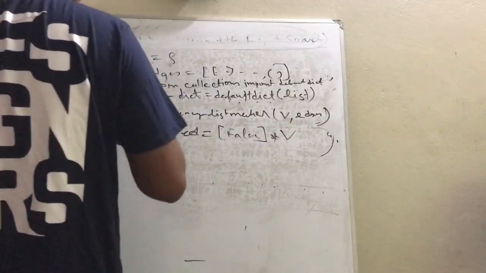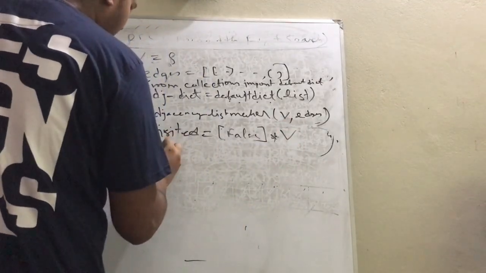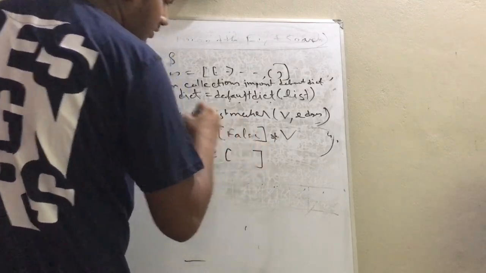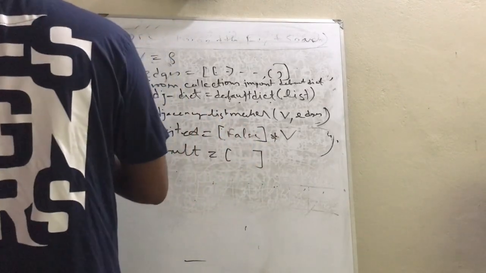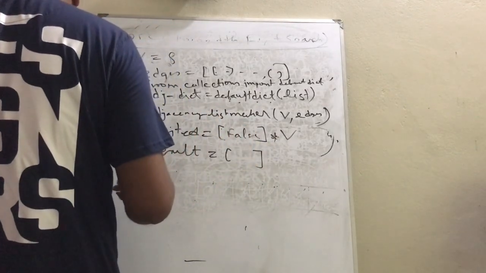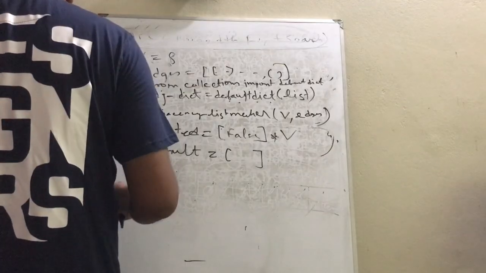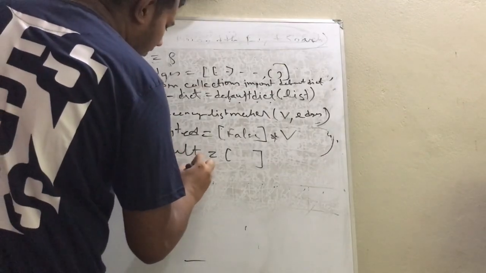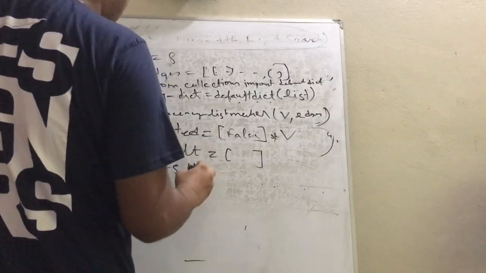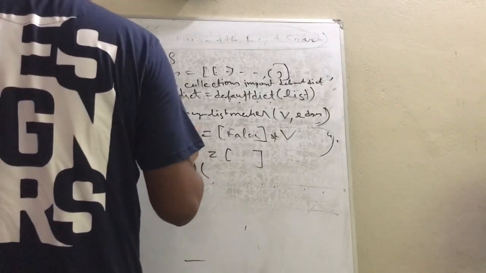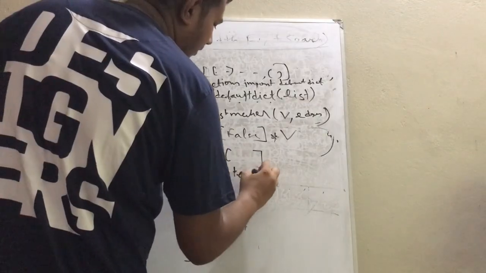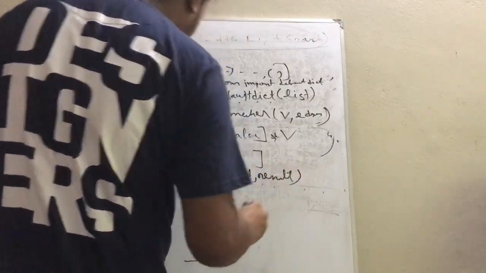The result is what we return. Initially the result is an empty list. BFS level 1, we pass visited and result.